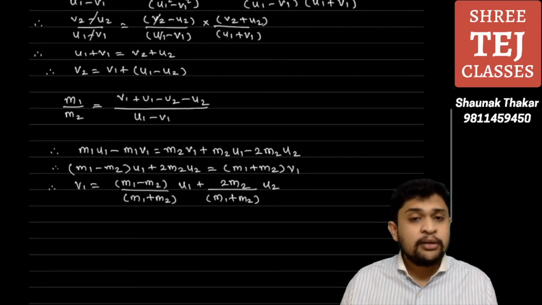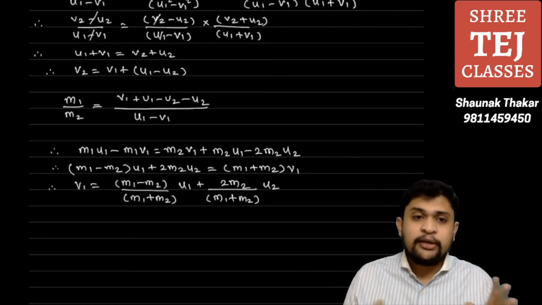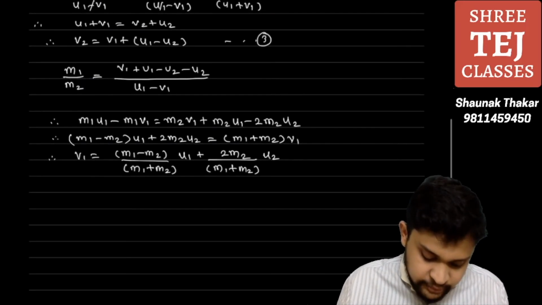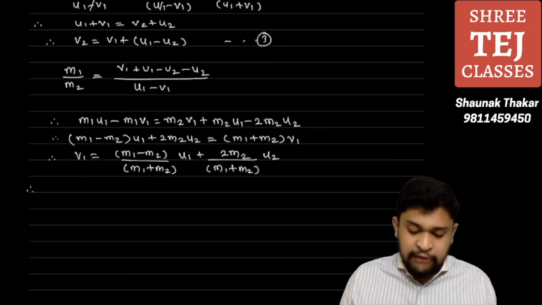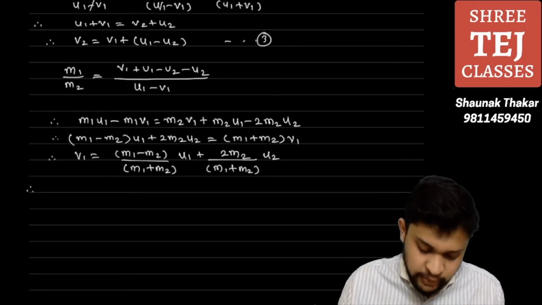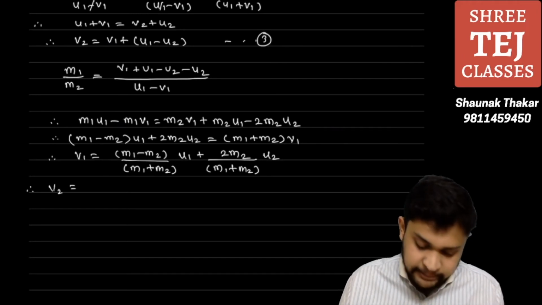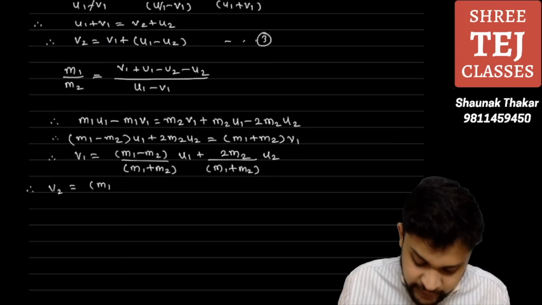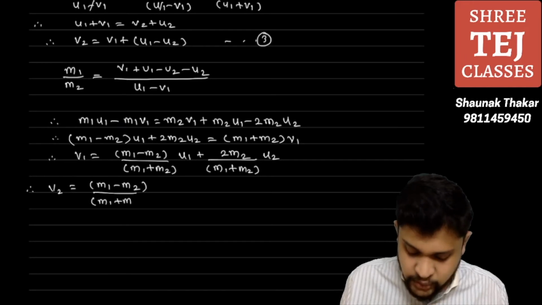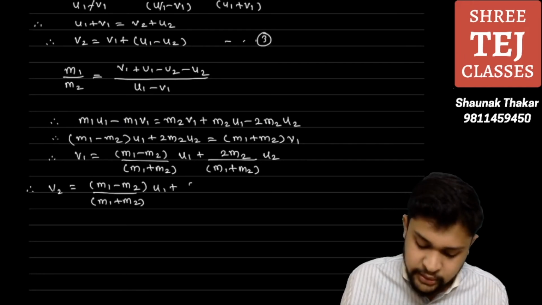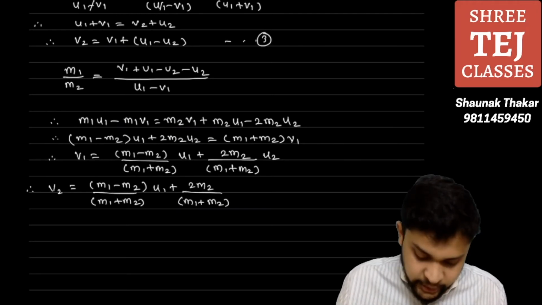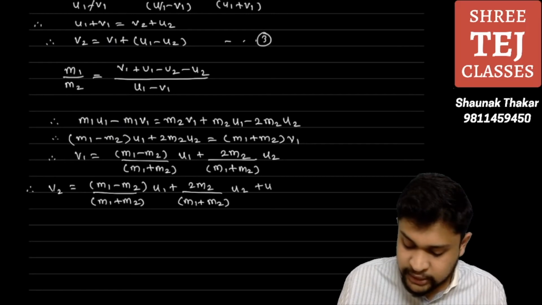But are we done? Of course not. We still have to find v2. What was v2? So let's say this is 3. Therefore, if we put the value of v1 in expression number 3, we will obtain v2. Therefore, v2 will become (m1 − m2)/(m1 + m2) × u1 + 2m2/(m1 + m2) × u2 + u1 − u2.